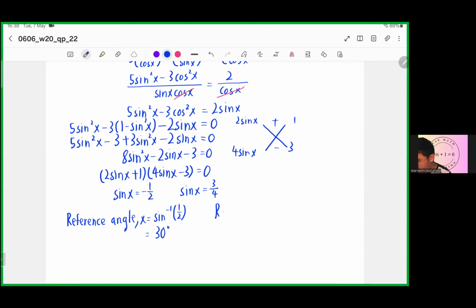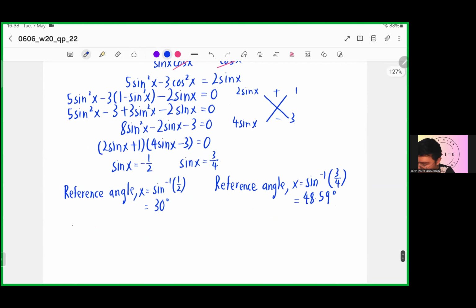And then the reference angle for sine equals 3 over 4, I get 48.59 degrees.